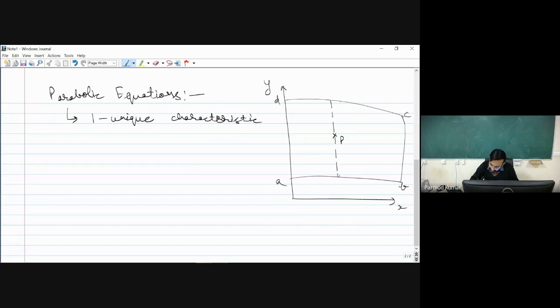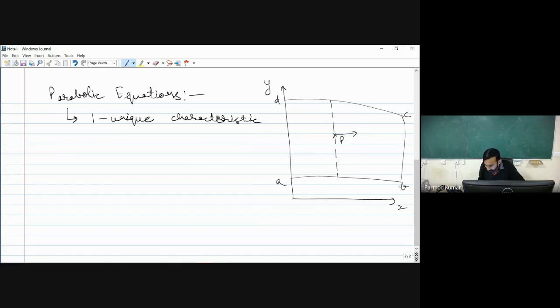Now you can see, if I do any perturbation at point P, the effect of that perturbation will only be felt in the region on the right side of point P, because along this dashed line we have the discontinuity. Over this line the determinant of highest order derivatives does not exist, so this information cannot cross to the back side.